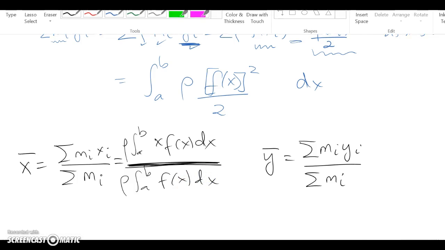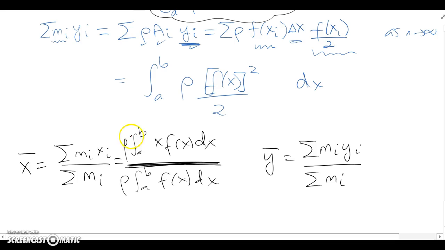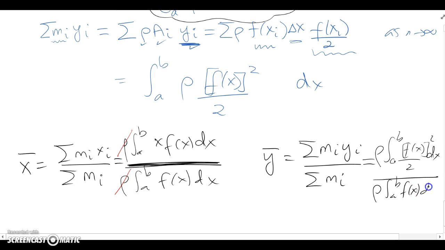Now notice what happens. It makes sense that the uniform density is going to cancel out, because if it's uniform throughout the whole lamina, then the center of mass will work itself out accordingly, since the density is the same all around. And our y bar accordingly will be rho, integral a to b, this guy right here, I pulled the rho outside, f of x quantity squared over 2 dx, all over the mass, a to b f of x dx.